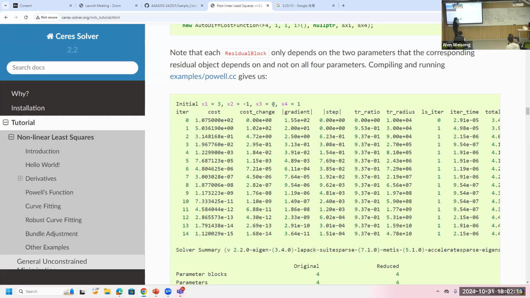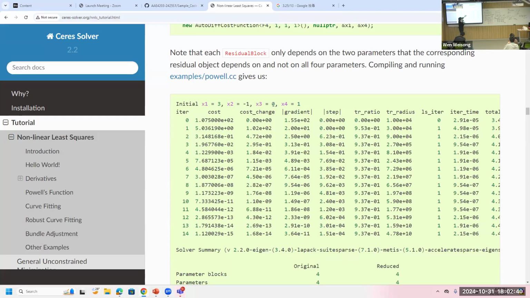This part does not make much sense, but it tries to show you the results. If you do one more iteration, the cost is almost unchanged. This column is the change of the cost, for example, from the first iteration to this iteration, how the cost is changed. In the later iterations, there is almost no change.